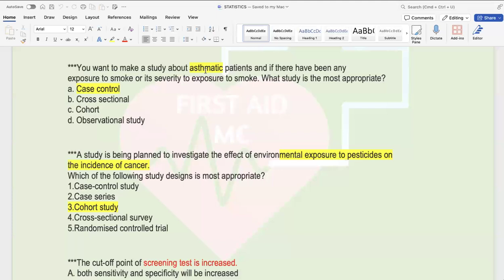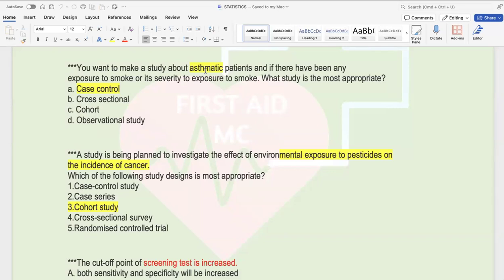The effect is asthma, and they're asking you to know whether they have been exposed to smoke. When we already know an effect, which is asthma in this patient, and we want to go back and find out if there has been any relationship with smoke exposure, what would you do? We would go backward to find out, the case control, or it depends on how the question comes in the exam.